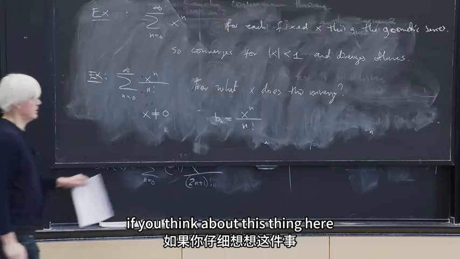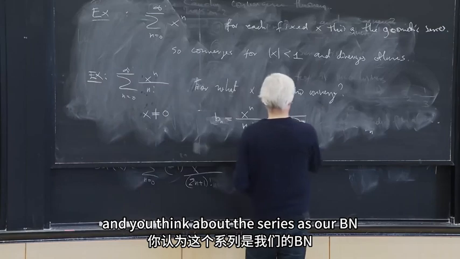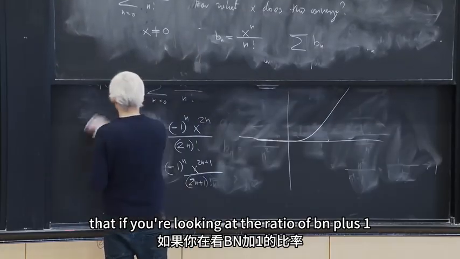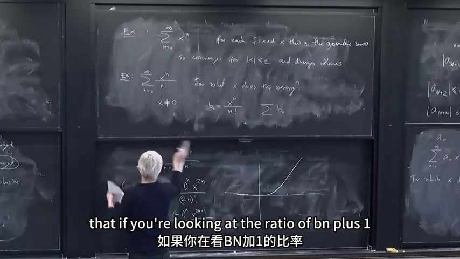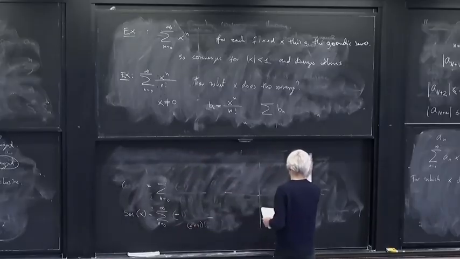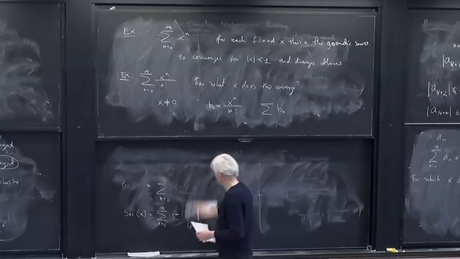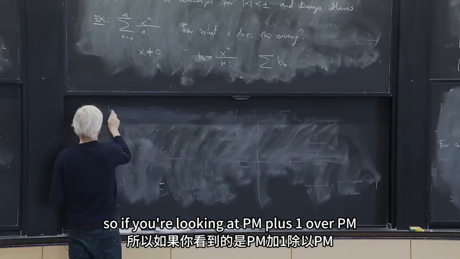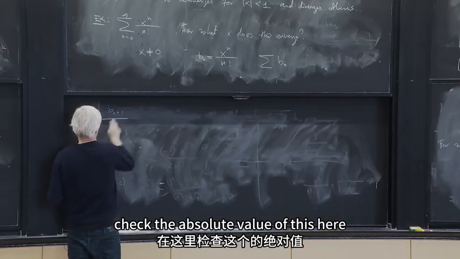If you think about the series as bn, then the ratio test tells you that you're looking at the ratio of bn plus 1 over bn, taking the absolute value.